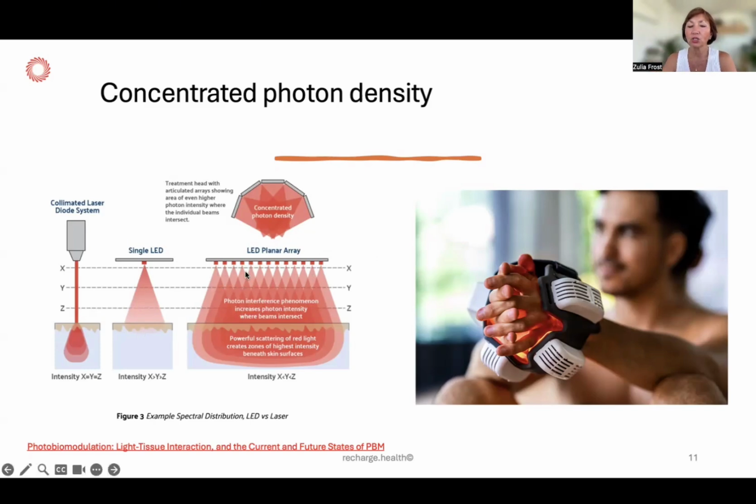There will be interaction between each of the LEDs, which will add to photon density and irradiance power too. And that is simple, so it will irradiate a bigger area for you, okay? Again, how deep it's going to penetrate really depends on the power of the laser or LED source, okay? If it's weak LEDs, you're not going to get deep penetration.